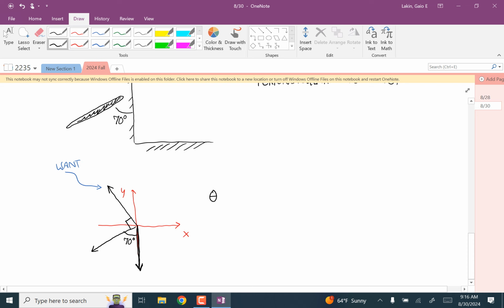I'm going to first go clockwise 90 degrees from the positive x-axis to get to that downward vector. So negative 90. Okay. Then I'm going to go clockwise another 70 degrees to get to this one.